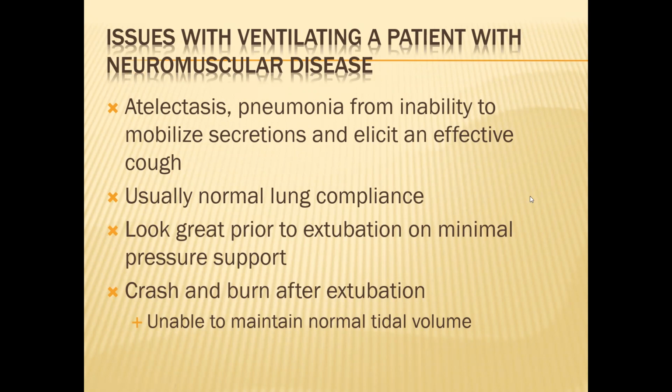Here we have a patient with neuromuscular disease, atelectasis and pneumonia from the inability to mobilize secretions and elicit an effective cough. So that's what happens with patients with neuromuscular disease: they run into a problem if they get a lot of mucus plugging because they can't generate a strong cough.